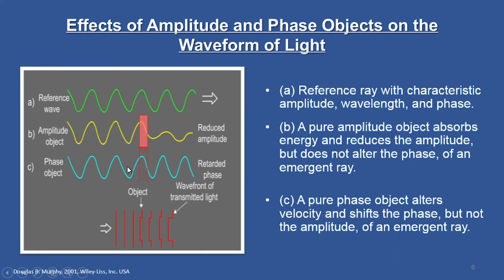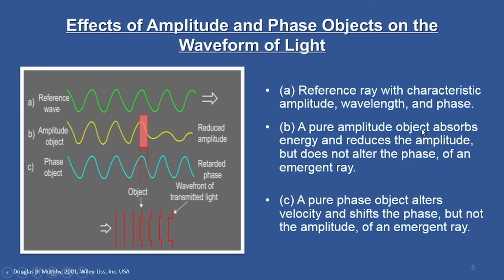So, any material which changes the phase of the wave is called a phase object, and you see that the transmitted wavelet has a change in the phase of this wave which is coming out of this phase object. So, that is what is written here. The reference ray with a characteristic of amplitude, wavelength and phase.